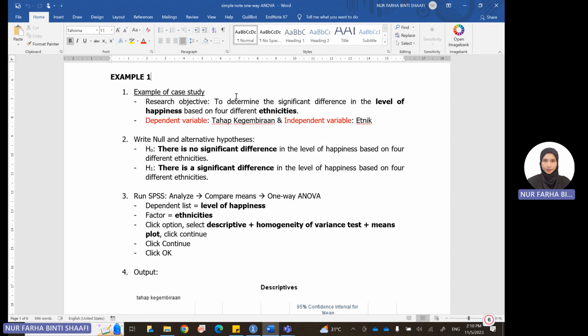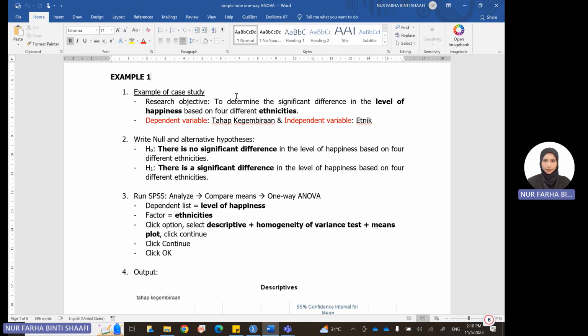From this research objective, you need to come up with your null and alternative hypothesis. Why? Because at the end of the day, you need to know whether there is a significant difference or not. Your null hypothesis, H0, is the abbreviation for the null.